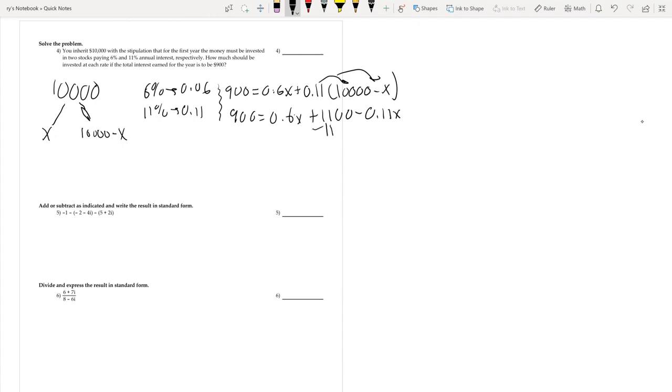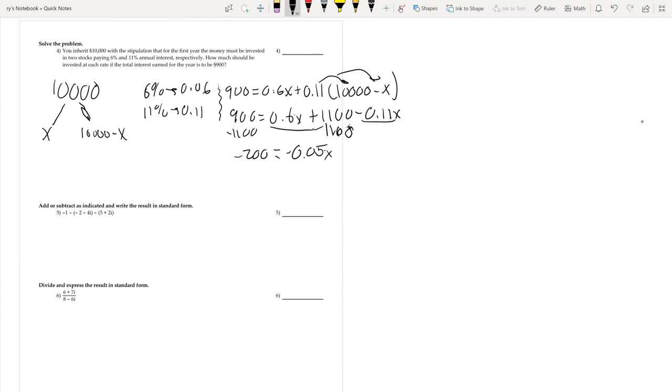I'm going to subtract my 1,100 over, and then also combine my x's. So I get negative 200 is equal to negative 0.05x.